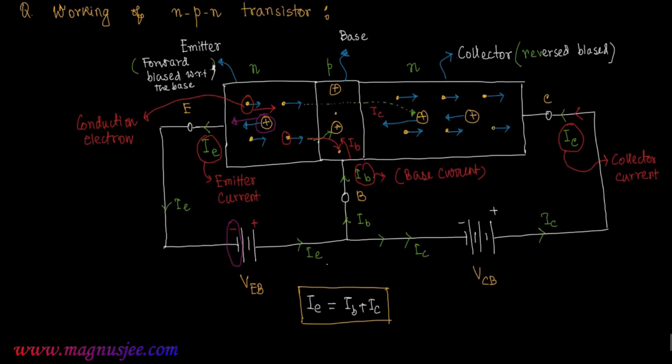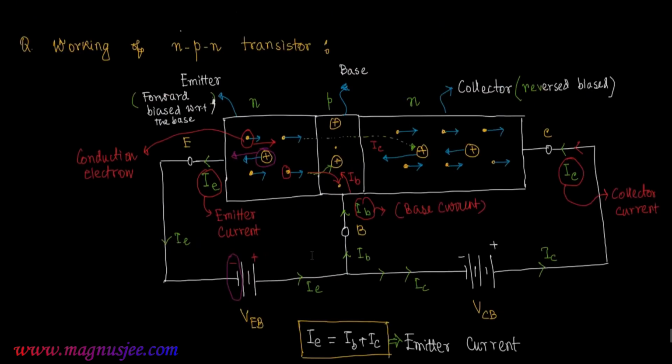That's why IE is the sum of IB and IC. Emitter current is the sum of base current and collector current, and for an NPN transistor, emitter current flows away from the emitter.